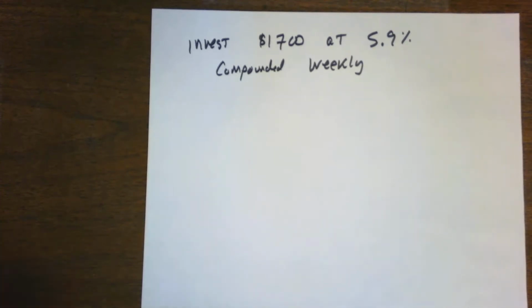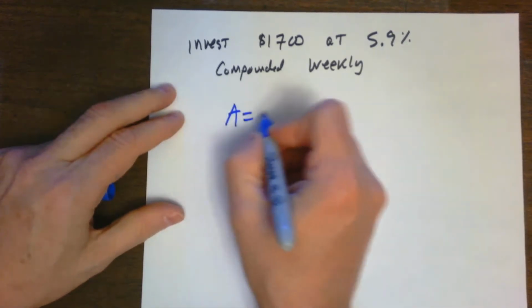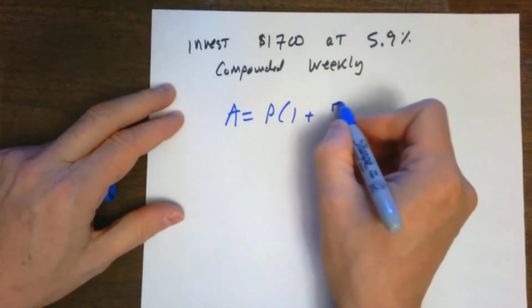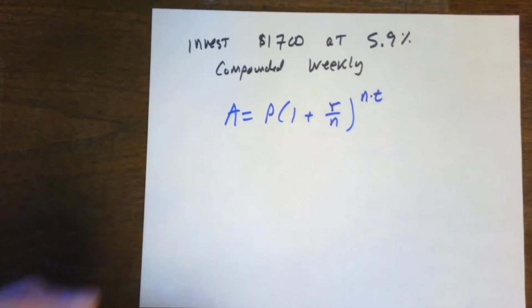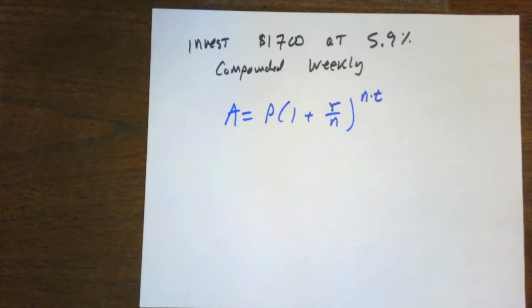All right, so let's take a look at the formula here. We have amount equals principal times 1 plus R over N to the power of N times T. And ladies and gentlemen, one point of emphasis here, whenever you're working with formulas, and really in any math class, always write the formula down and then substitute the numbers in.